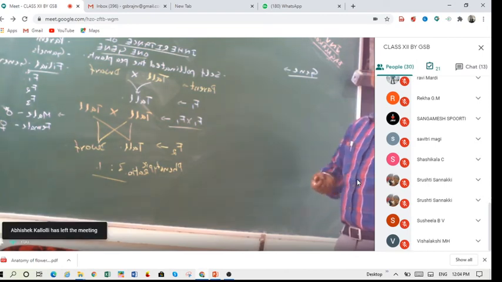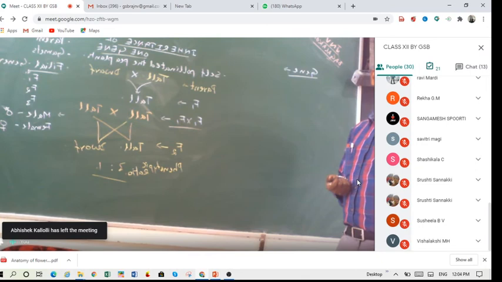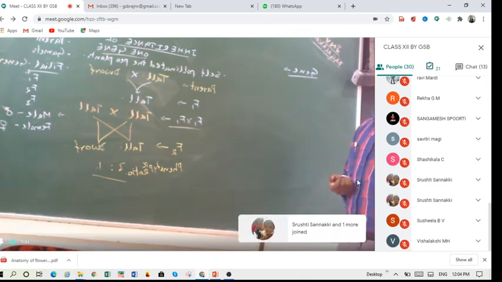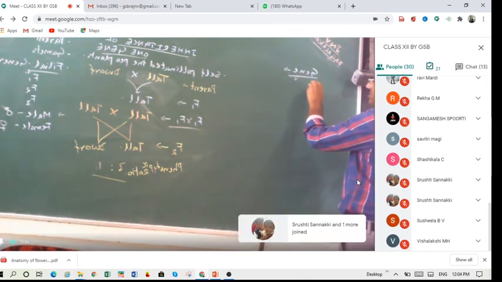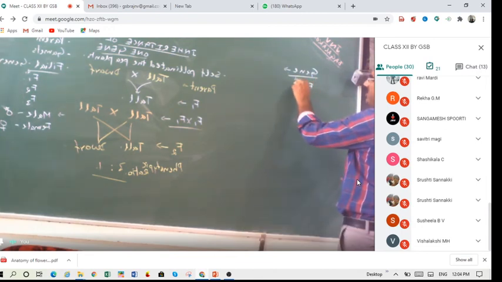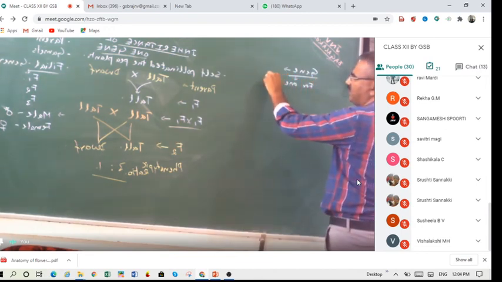This is a segment of a chromosome or DNA responsible for one trait. This gene is responsible for one trait, one character, let me say.